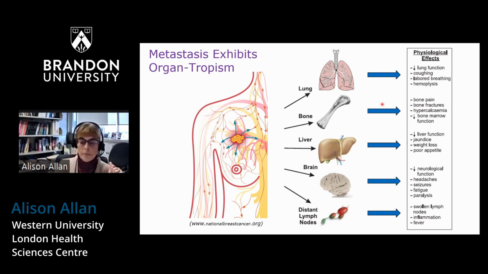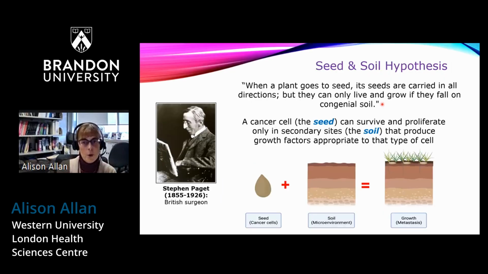So we know that breast cancer spreads preferentially to these four organs, and there are a few hypotheses about why, but the one that has withstood the test of time is called the seed and soil hypothesis, which was first proposed by Stephen Paget in the 1800s.